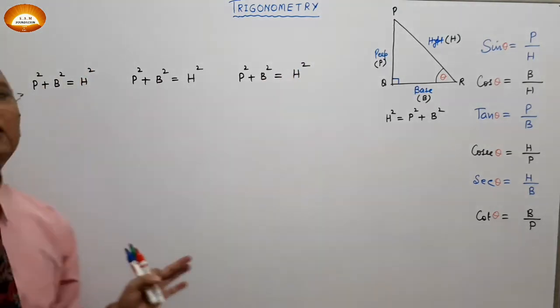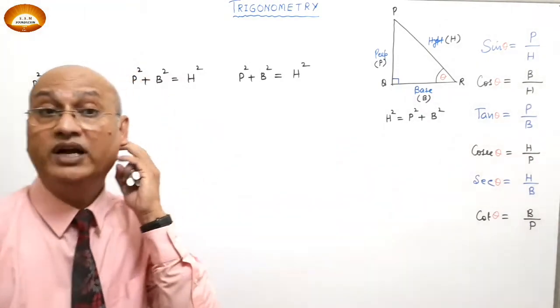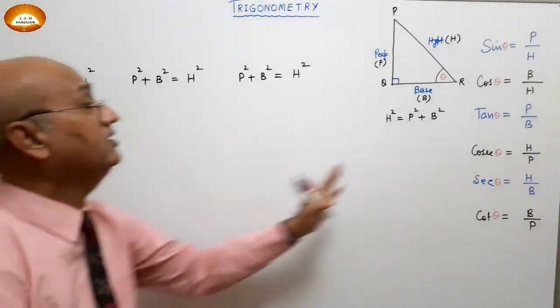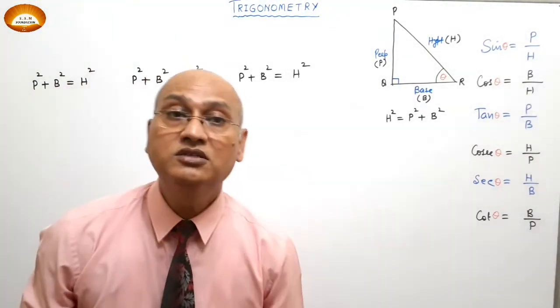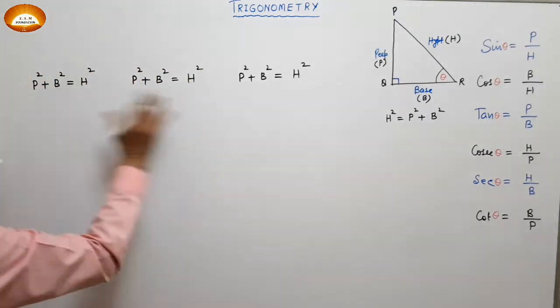This is also a learning technique so that you do not forget these identities. We have just written the Pythagoras theorem the opposite way three times.